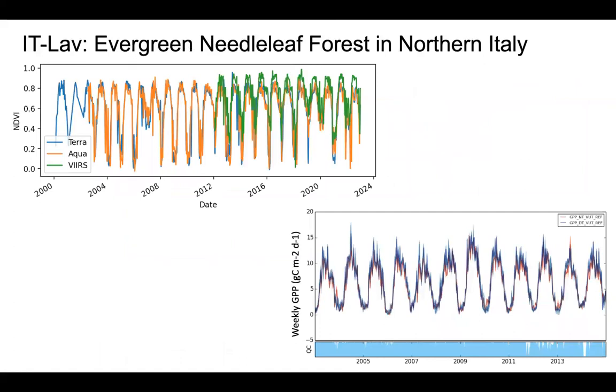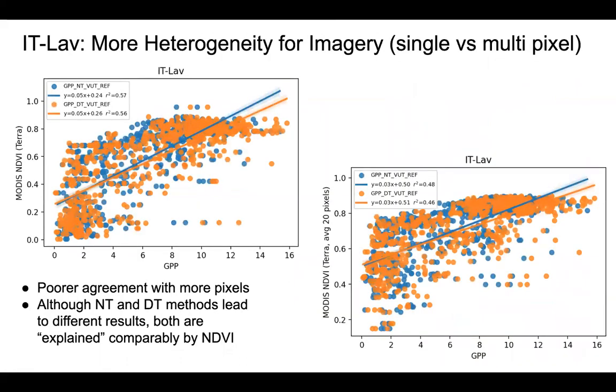One more site, if you remember, this is the site that had a lot of differences between the daytime and the nighttime partitioning methods. When we start looking at a weekly resolution to make this compatible with the MODIS data collections, these differences are not as pronounced.